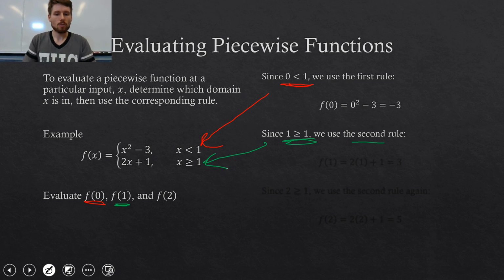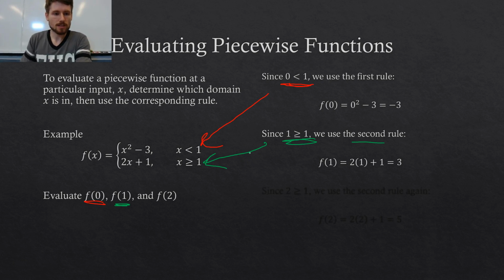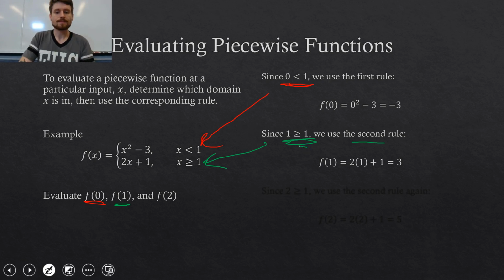So we plug 1 into that function. When we plug 1 into this rule, we multiply it by 2 and add 1. That's the linear equation that we're using now, and that's going to get us 3 as the answer. Okay? So that's us using the second rule because we're in the second domain.